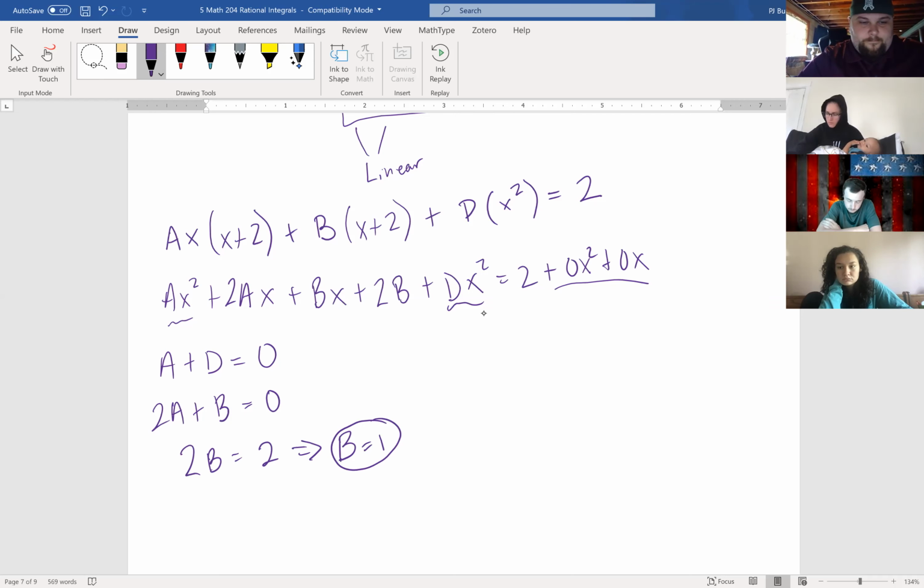If b is 1, then a up here is equal to negative b over 2. And then finally, this last equation here tells me that a has to equal the opposite of d. So d equals the opposite of a. So d has to be 1/2. Good so far?